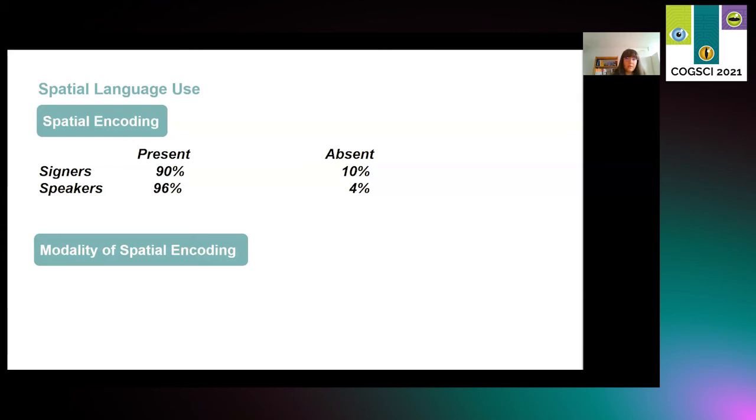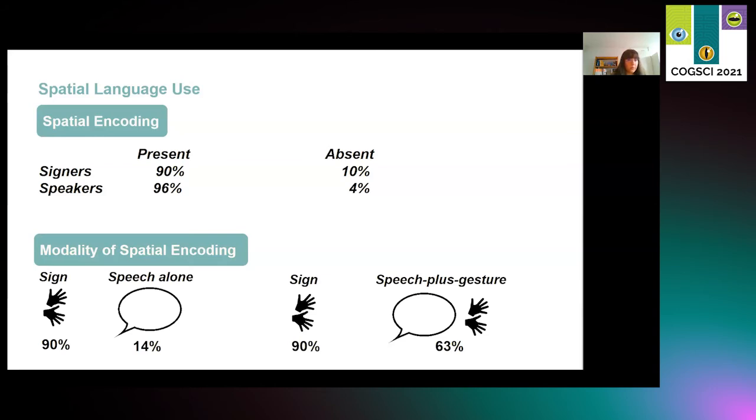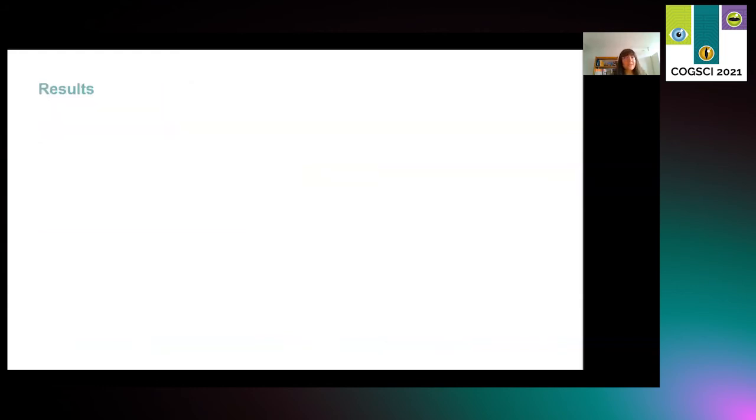In modality comparisons, sign descriptions always include all of the descriptions in sign, which is 90% of the total descriptions. Speech alone descriptions represent a subset of data, and speech plus gesture descriptions represent another subset of spoken language data. Let's look at memory results.